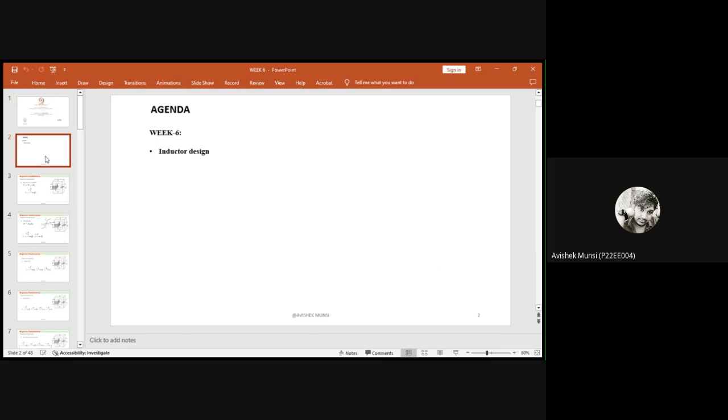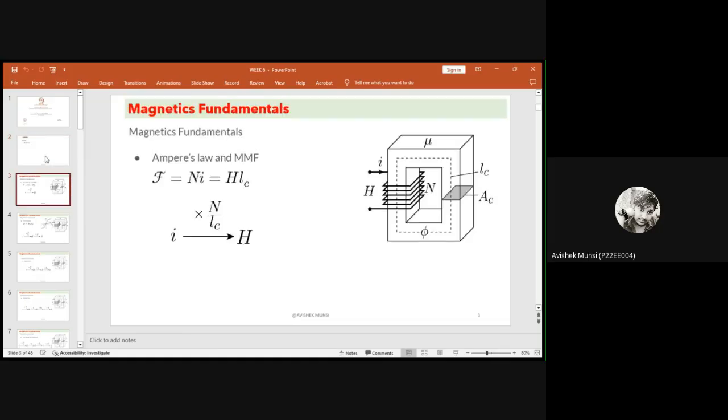Now we move into the basics of magnetic circuits. We will revise it in a quick manner. The fundamentals of magnetics: number one is the Ampere law and the MMF concept.